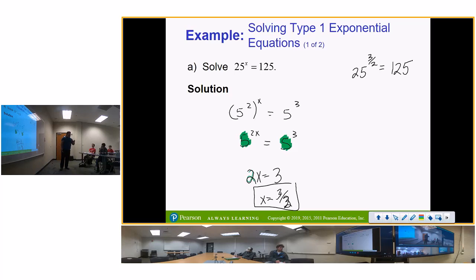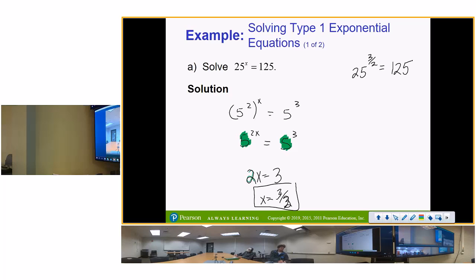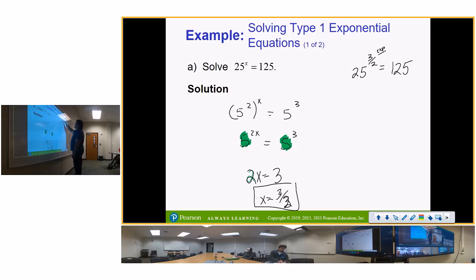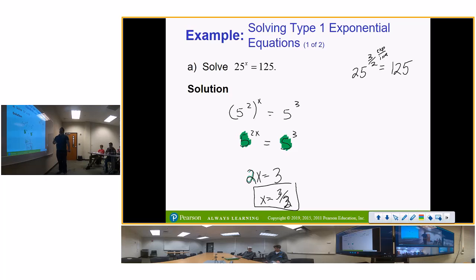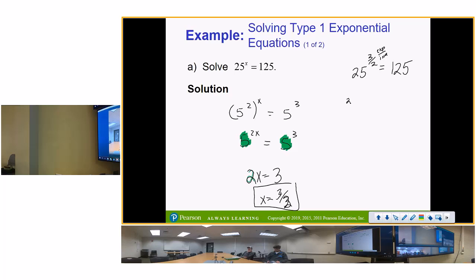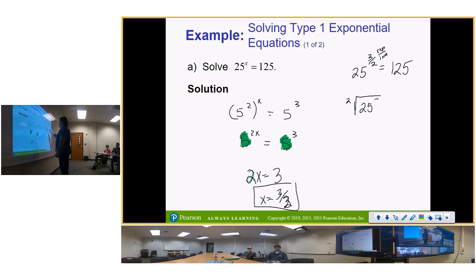Now, that gives us that exponential rule. If you look on your exponential rules from yesterday, the one on the bottom says you can write a radical as an exponent. This is exponent over index. So let's check it. What's the index? The index is what's in front of the radical, right? So that's the square root of 25 raised to the 3rd power is equal to 125.